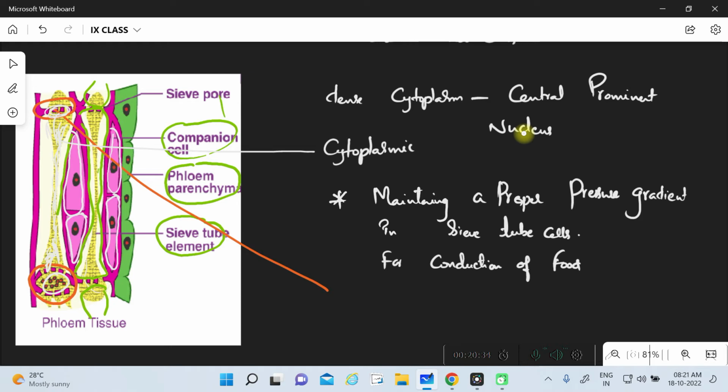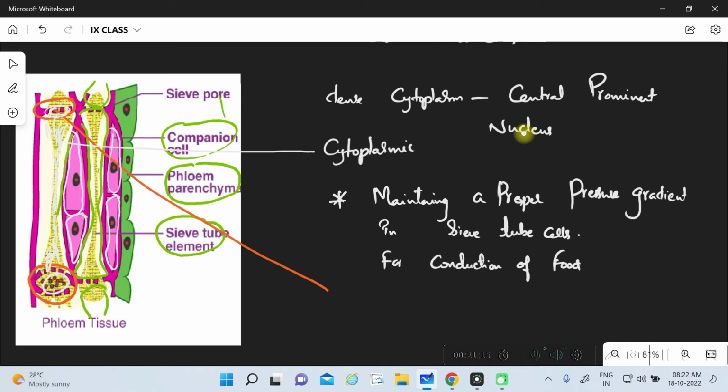You need to know this: by birth, during the birth, it has a nucleus, but soon after, during the maturation process, the nucleus is removed from the sieve tube cells. But even after removal of the nucleus we consider it as living, because the activities taking place inside the sieve tube cells are under the control of the companion cell nucleus.